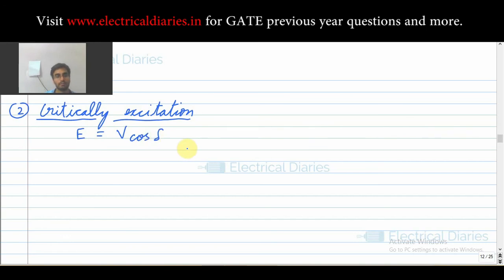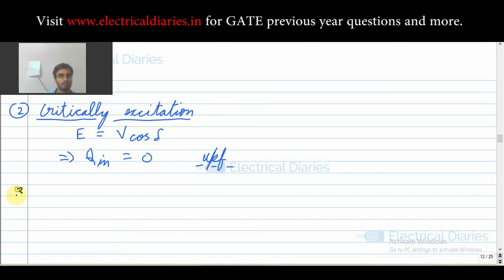This implies that your Q in will come out to be 0. So motor is neither absorbing any reactive power, nor delivering any reactive power. It is acting like a pure real load. So we can say that now the motor is acting at unity power factor. So this much we should remember for critical excitation.